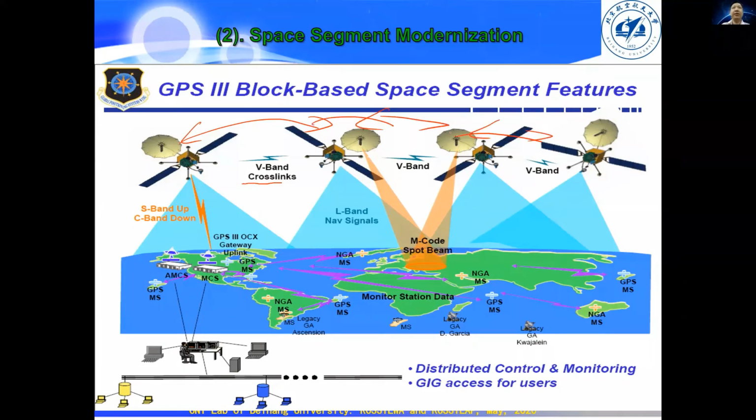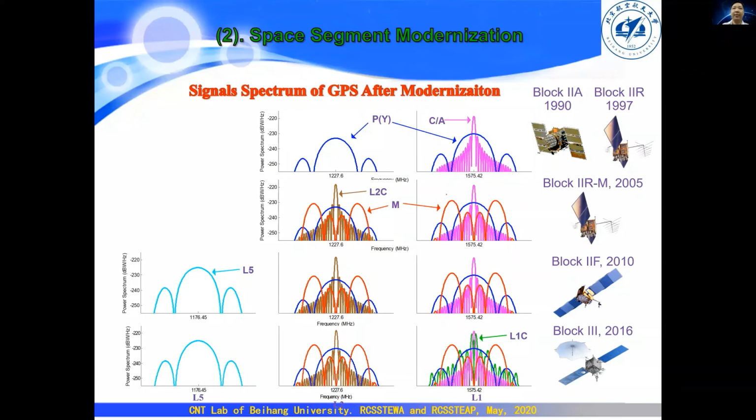So more and more signals will be added from block 2A, block 2M, block 2F, and block 3. More and more satellite signals. Even using more satellite signals, you will have better performance, for example ionospheric correction and many other benefits. But it needs more expensive equipment if you're using more signals.